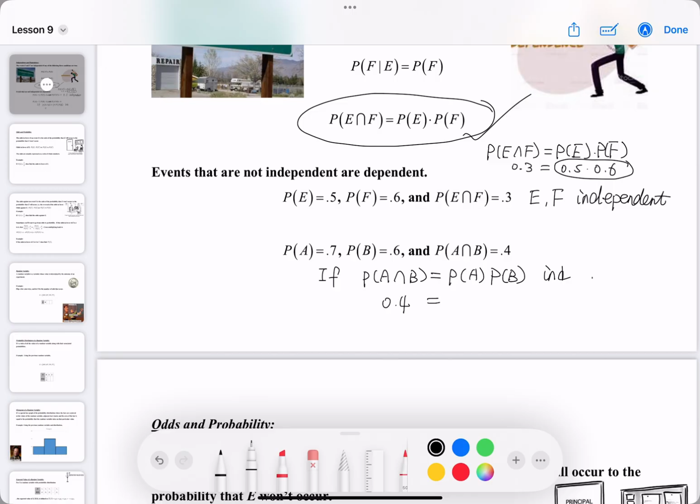Can I say it equals P of A, 0.7, times 0.6? No, they are not equal because the right-hand side is 0.42. So I must say they are dependent events, because it's not equal.